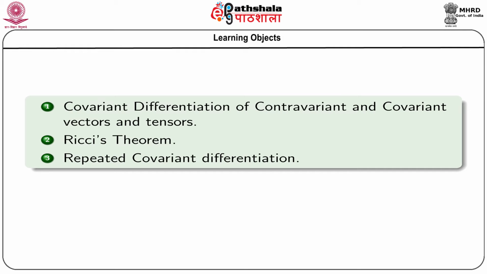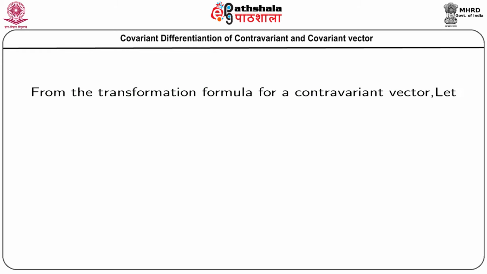Now, from the transformation formula for a contravariant vector, we have this expression a^k equals ∂x^k/∂x̄^i ā^i.